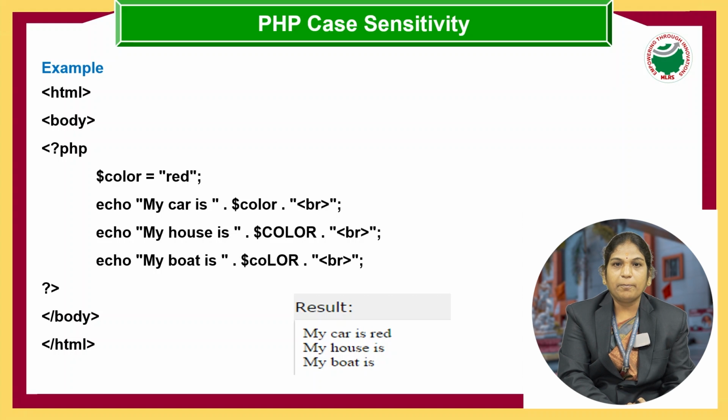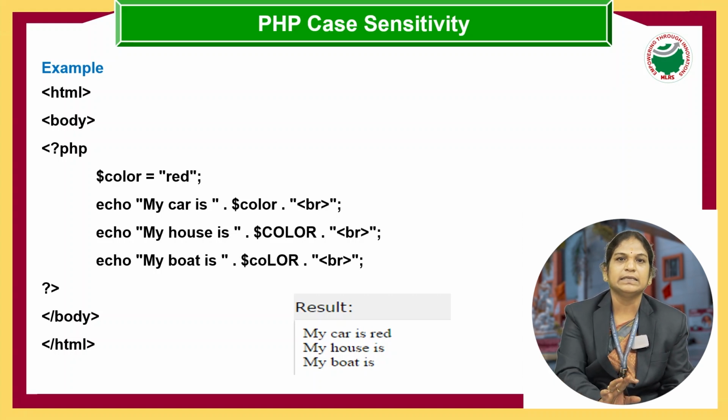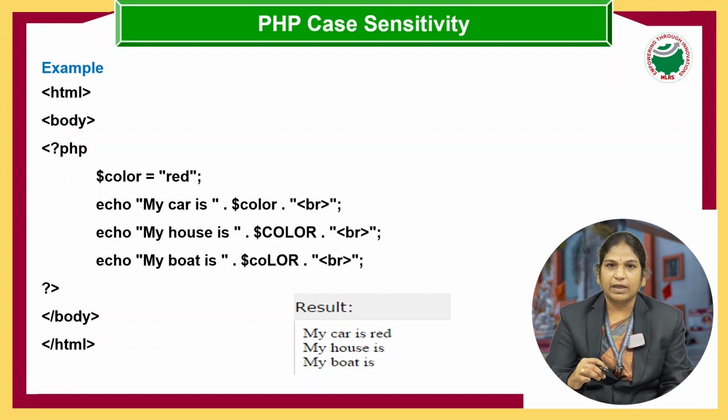And echo "my boat is $color", but in mixed case. So here also it is not going to be recognized as the variable, because the variable which I have declared and assigned the value to is in lowercase. So whenever I want to retrieve the value, I have to use the variable with the same case and the same letters.